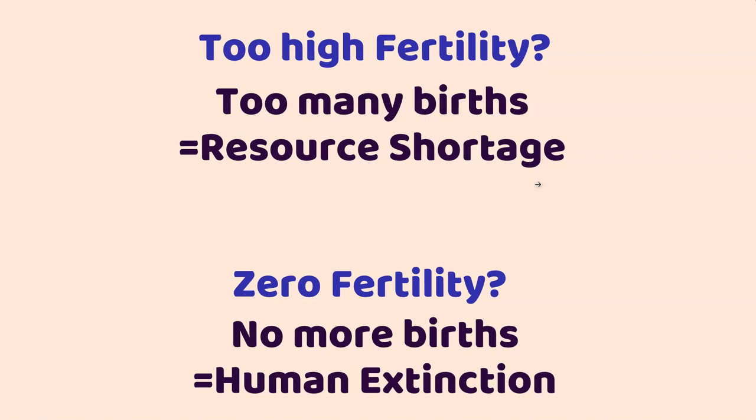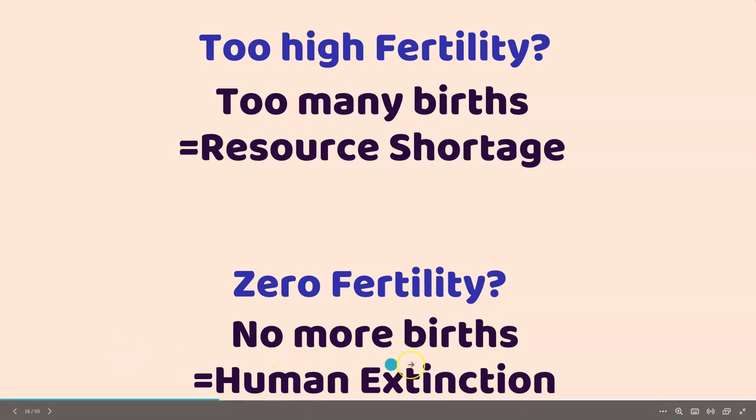So that will be one cause of concern. However, if there is too low fertility, which means very low levels of fertility and no more births, that will mean human extinction.